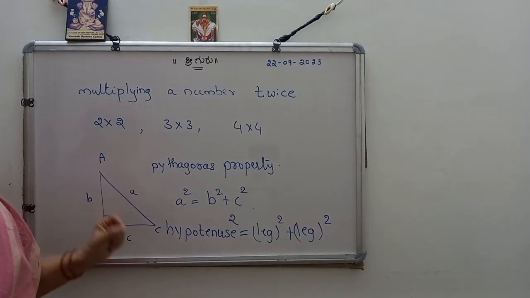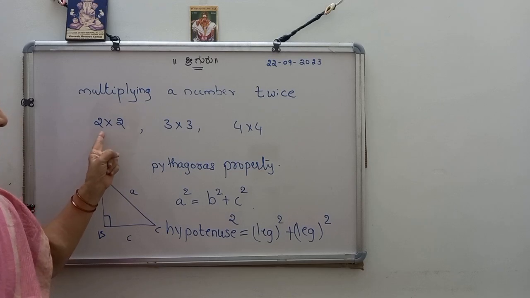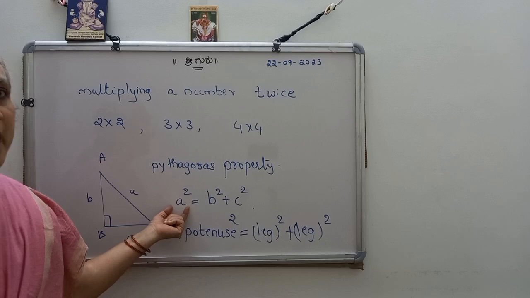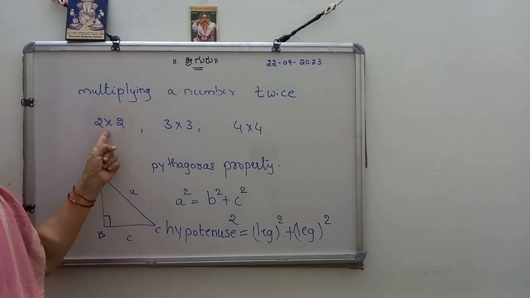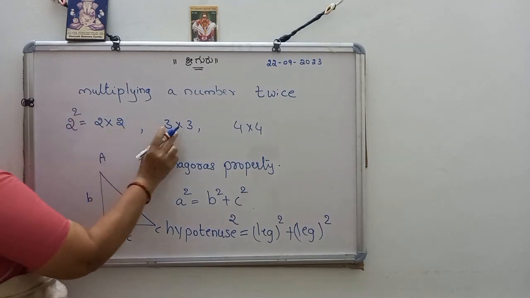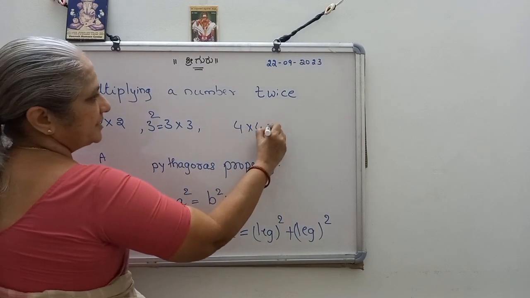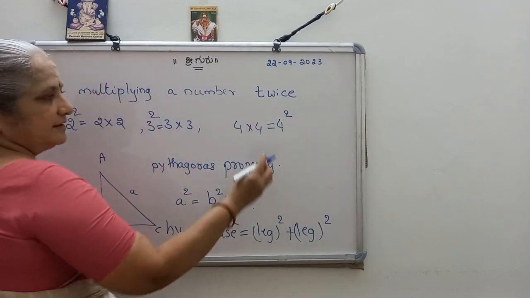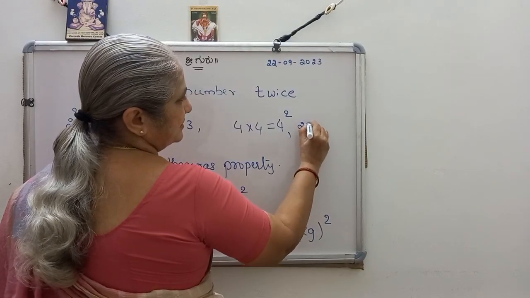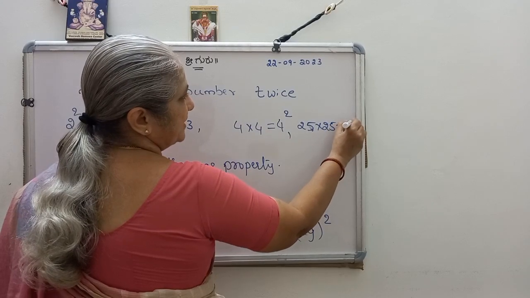It is the same thing as I told you, multiplying the quantity 2 times. Here 2 into 2 is 2 square. 3 into 3 is 3 square. 4 into 4 is 4 square. 25 into 25 is equal to 25 square.